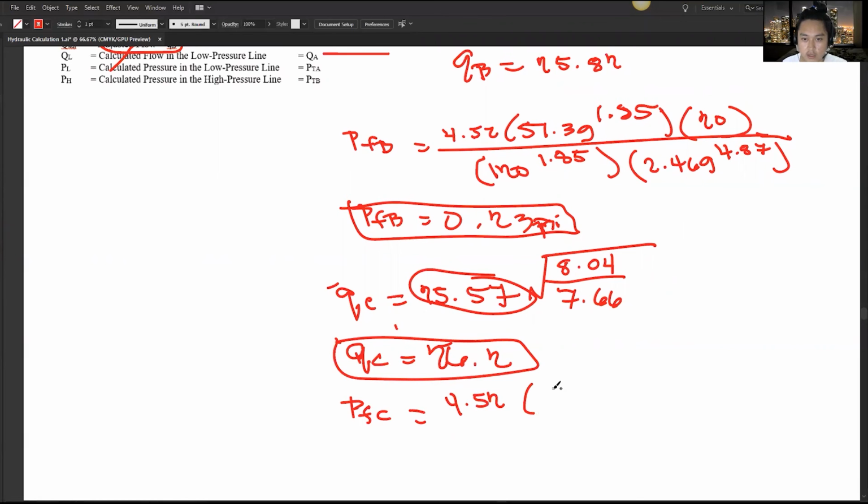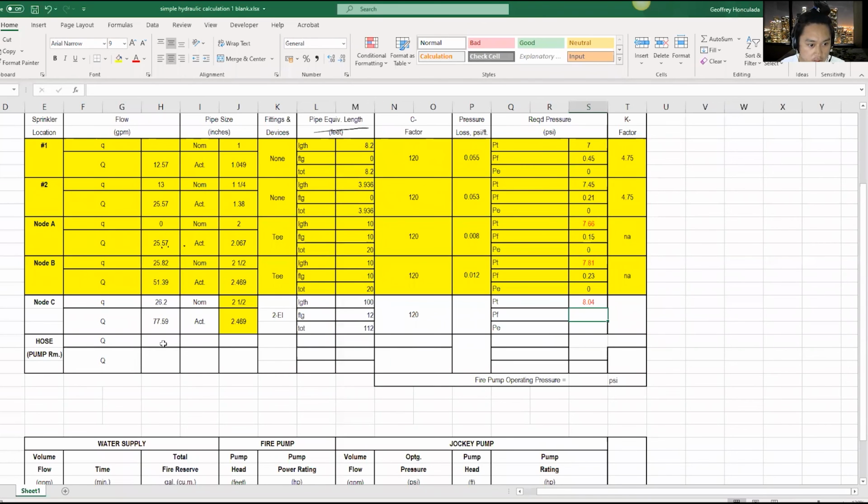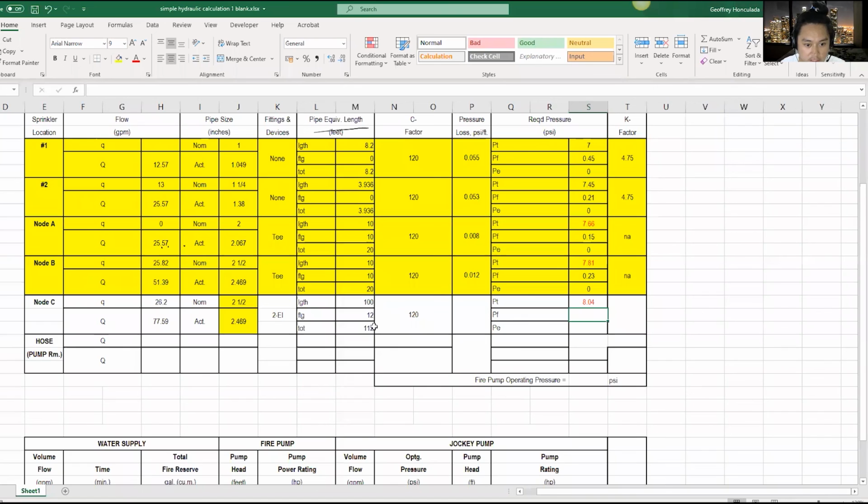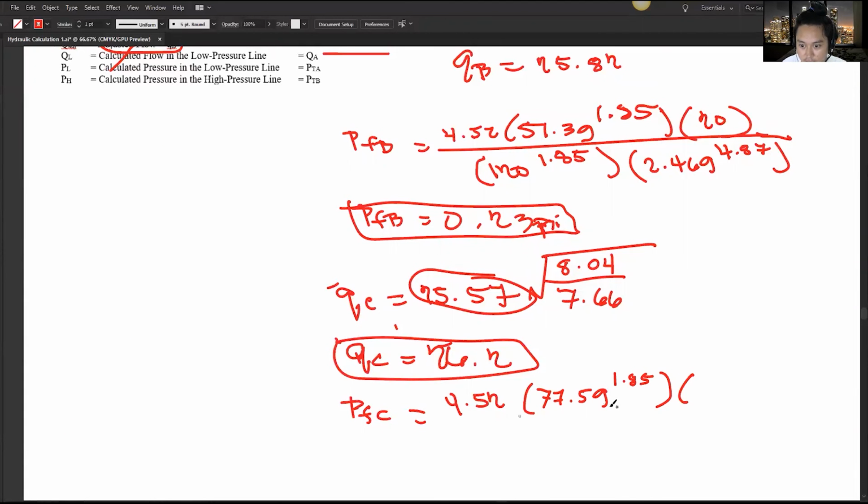4.52 times the flow rate, which is 77.59, raised to the power of 1.85, times the total length. In this case, our total length is 112. So total length is 112 all over the C value, which is still the same, 120 raised to the power of 1.85, times the diameter.